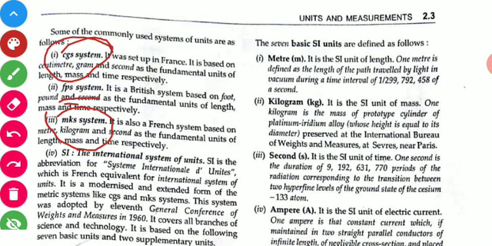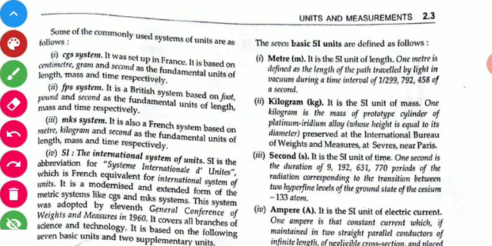So students, these were the three systems which were earlier used, the conventional systems of units. But recently, due to trade between various countries, we have to specify one unit for one quantity.